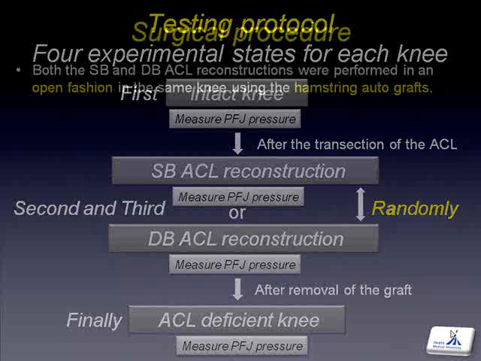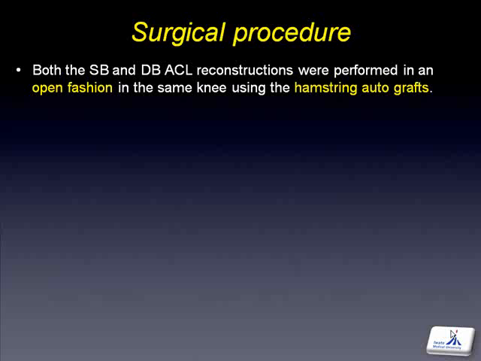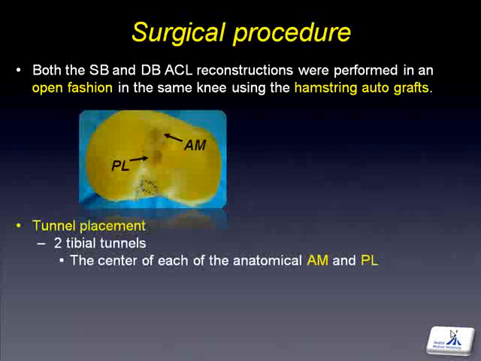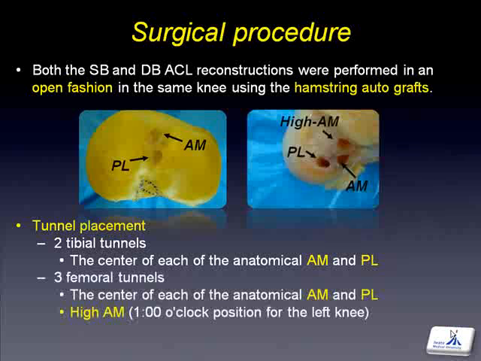Both reconstructions were performed in an open fashion in the same knee using the hamstring autograft. 2 tibial tunnels were drilled in the center of AM and PL insertions, and 3 femoral tunnels were drilled in the center of AM and PL insertions, and high anteromedial, high AM, which was made at 1 o'clock position for the left knee.